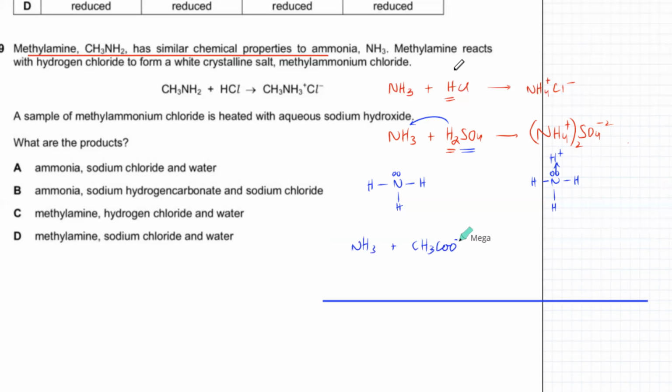So ethanoic acid is CH3COOH. So this H would be given to ammonia. This would become CH3COO minus 1. It would lose the H, and the ammonia would pick up that H and attach it to itself. So it would become ammonium ethanoate. That's the salt. Is that clear?